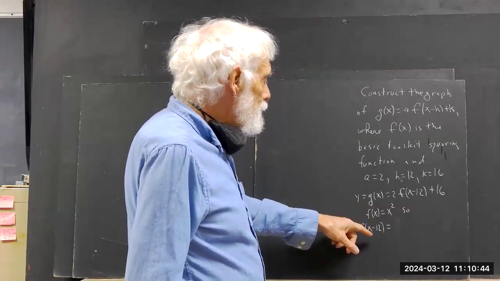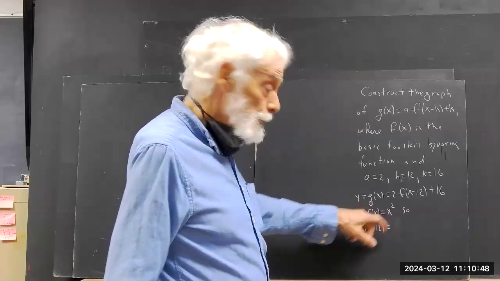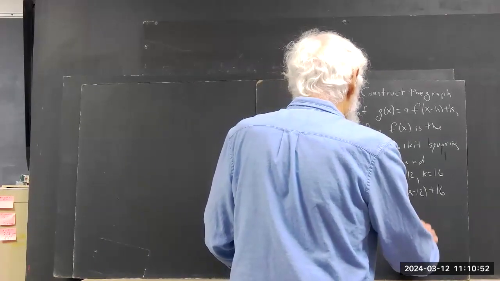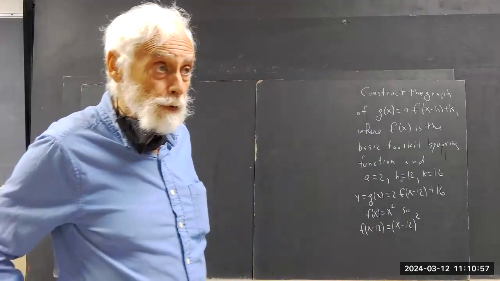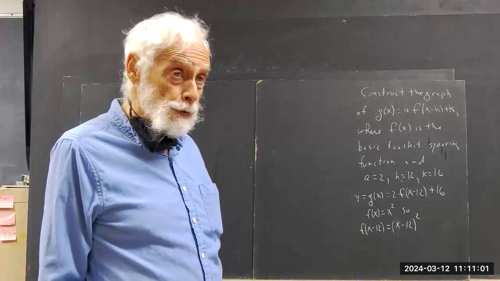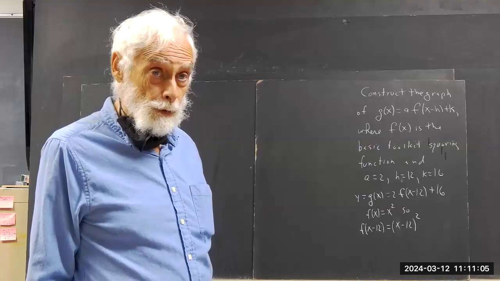If x is now replaced by x minus 12, then you're going to replace this x by x minus 12, and you're going to get x minus 12 squared. Now, there are other ways to understand function notation. You've had assignments on it in open math. You really must lock in how to do function notation.